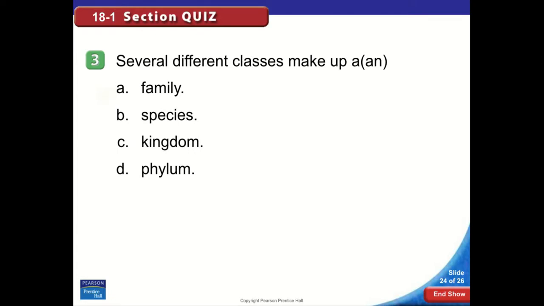Number 3, several different classes make up a what? Pause it, get your answer, and then unpause. And the answer was letter D, phylum.